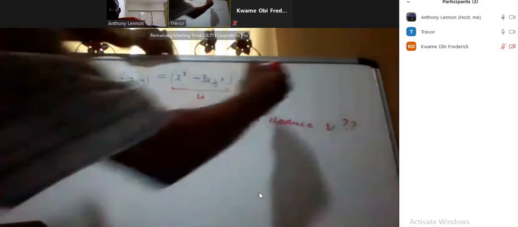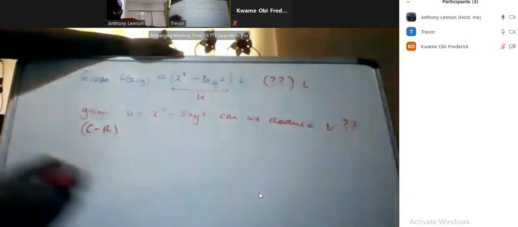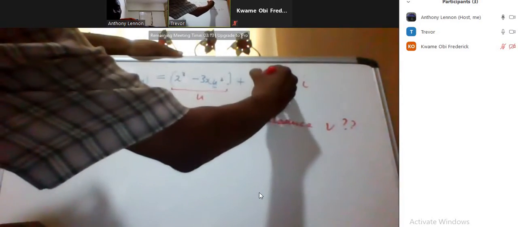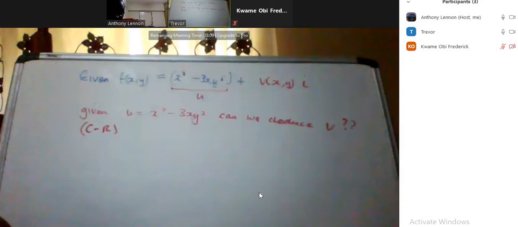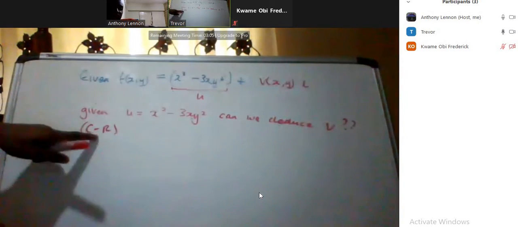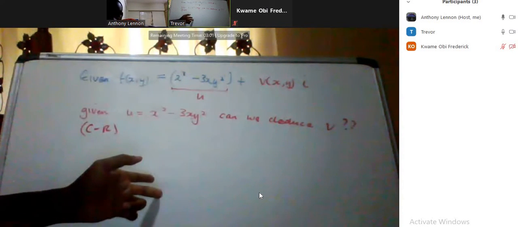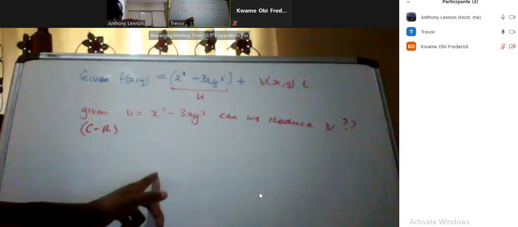So what would you put there, a blank or something? Or even put v plus something. So we need to deduce that, given the Cauchy-Riemann equations. We're going to have to differentiate with one variable, integrate, and then balance back.